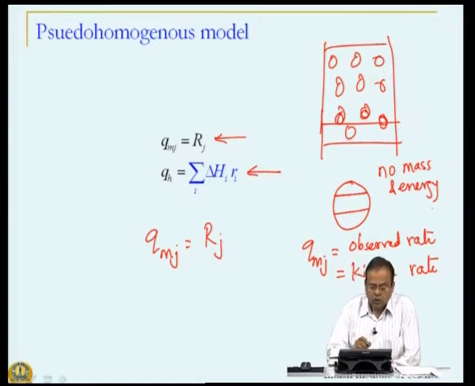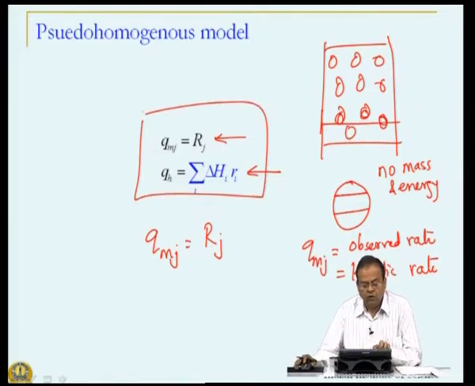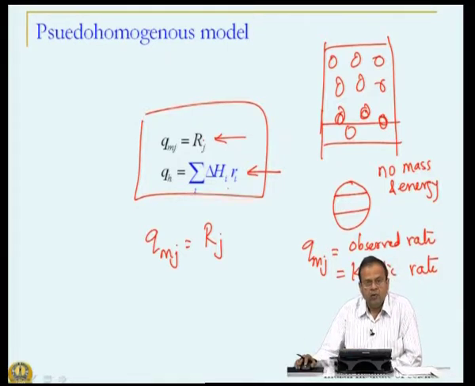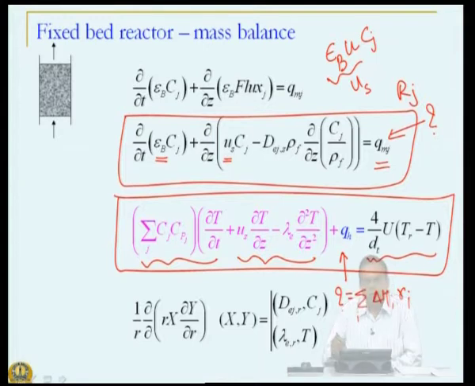As a result, with this kind of substitution, QMJ is Rj and QH is summation Hi Ri, our balances will be exactly identical to our mass and energy balances for a homogeneous system.